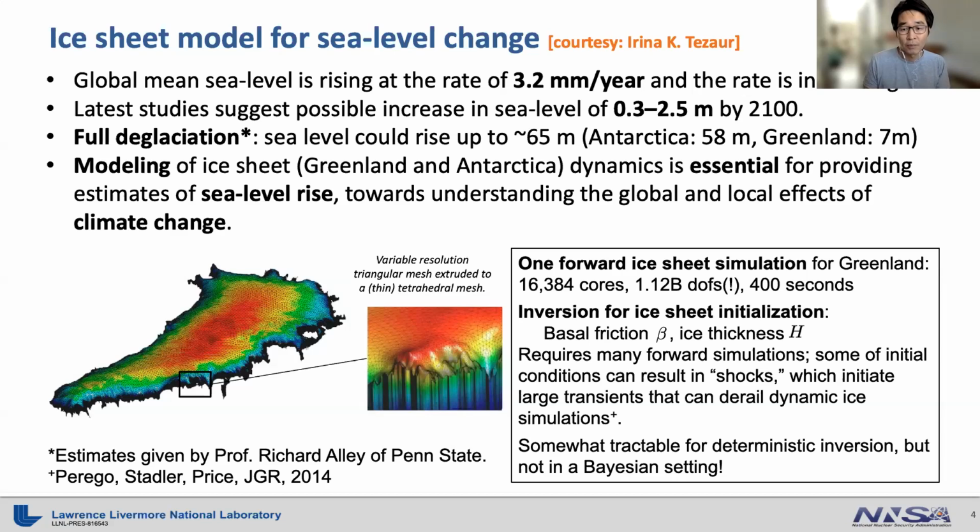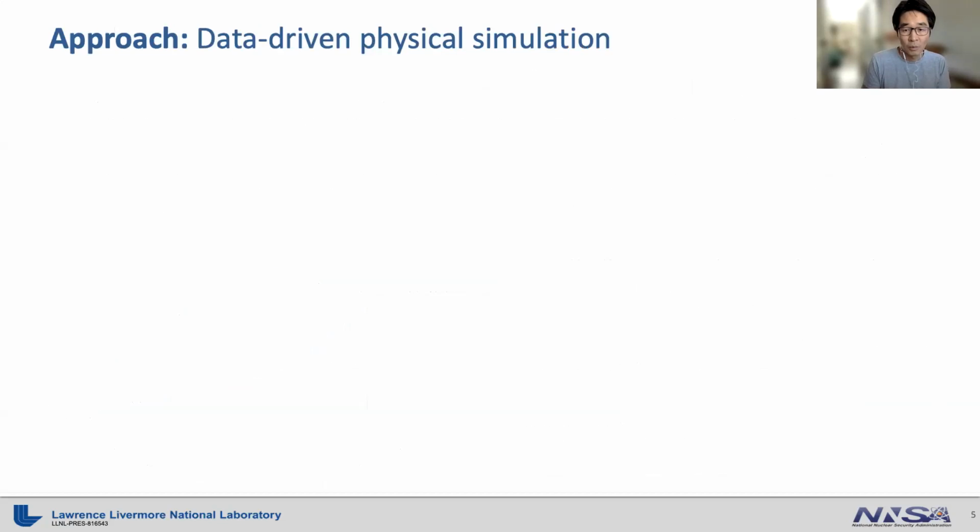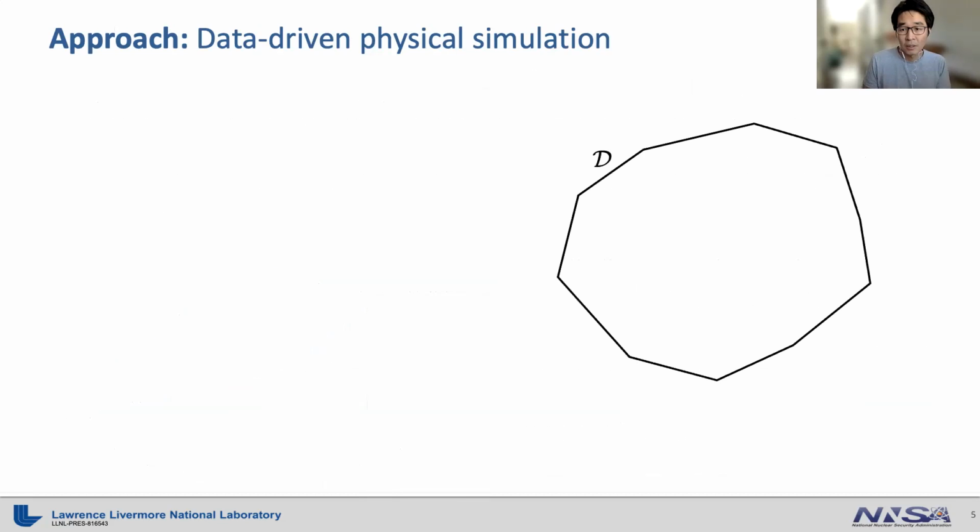So we need surrogate models to accelerate these simulations. These were the motivations for the surrogate model. A surrogate model can be built by first considering a parameter space. The parameter space can be initial condition, boundary condition, or material properties of climate modeling.